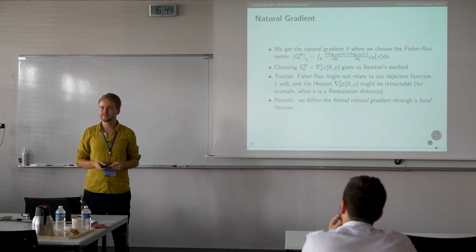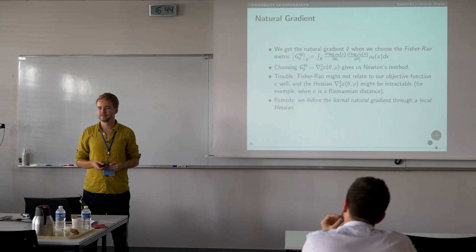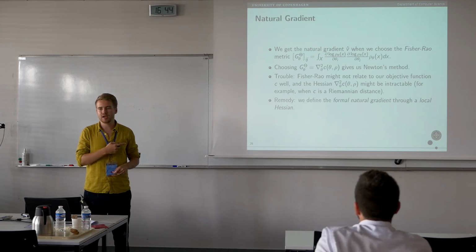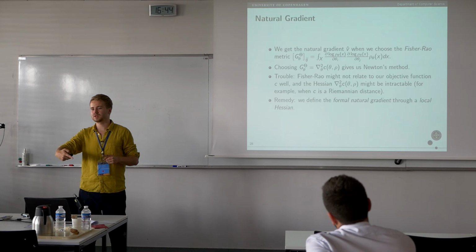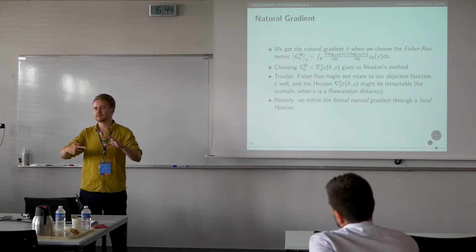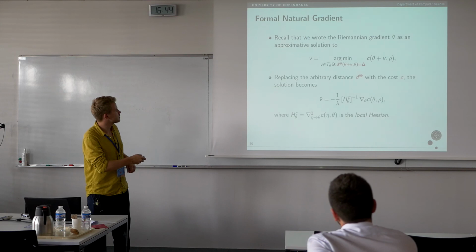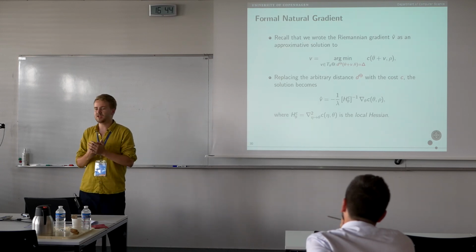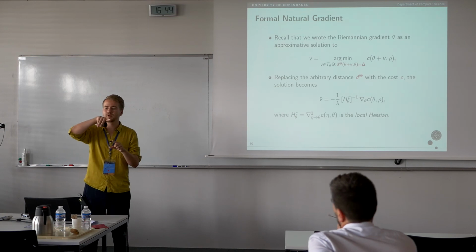Then I have another question. So the notion of natural gradient brings invariance to the parameterization of the model. In your Finslerian natural gradient, you lose this, right? No, because the local Hessian also depends on the parameterization you're using. Right. So just like in the Riemannian case, the invariance to the parameterization comes from the trust region optimization problem you're having.